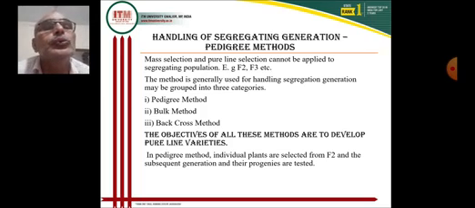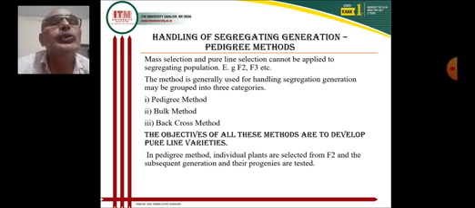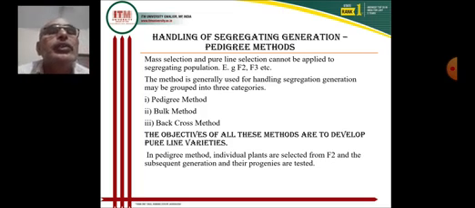Due to creating variability, selection is ineffective. While mass selection and pure line selection is carried out in those populations where variability already exists and the population is homozygous.